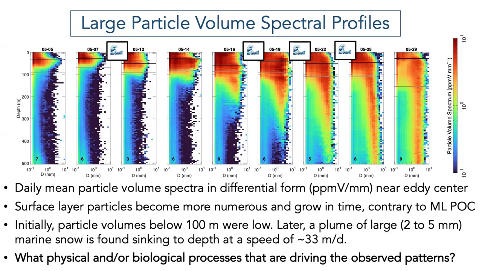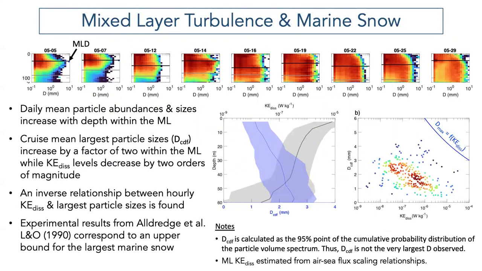So what we're going to focus on today is what are the physical and/or biological processes that are driving the observed patterns. So let's start in the surface ocean. Shown here is just the clip of the top 120 meters. And you can see that, any way you look at it, the black line across each of the spectra shows the depth of the mixed layer.